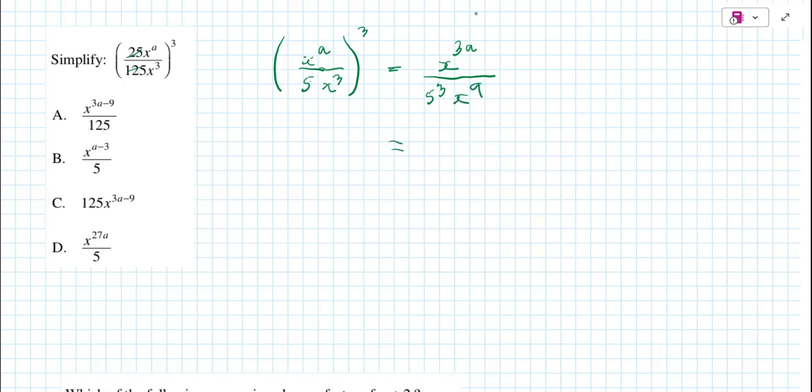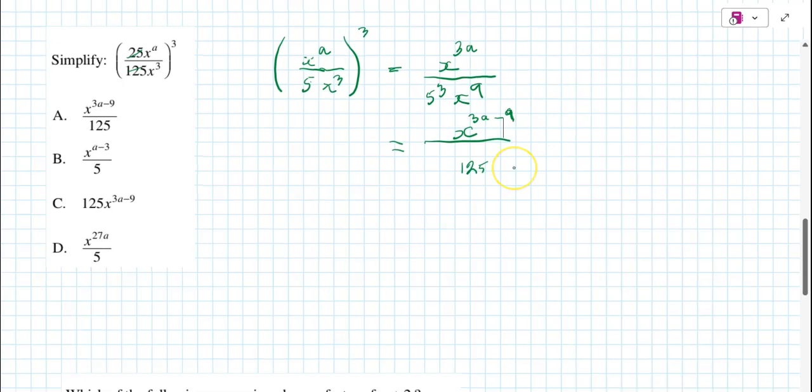When you do this, the denominator is 125, but the x value will end up being x to the exponent of 3a minus 9. Remember, division of expressions with the same base, you subtract the exponents. So 3a minus 9, that would be the answer to that. Now, which one will be the answer? It will be A.